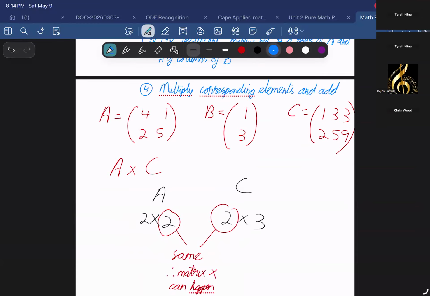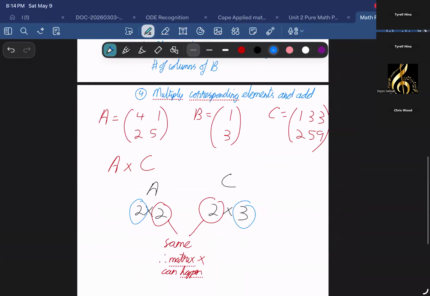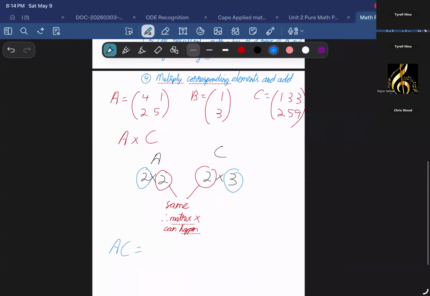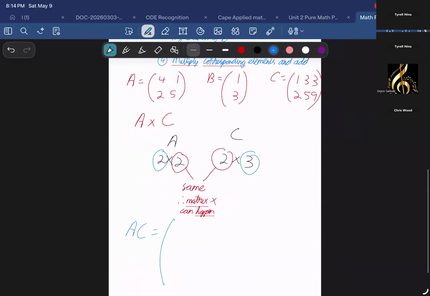And this means that these two outer numbers here are what the AC would be. So AC would have how many rows? It will have two rows and three columns. Ask your questions in the chat, by the way, if you have any questions.